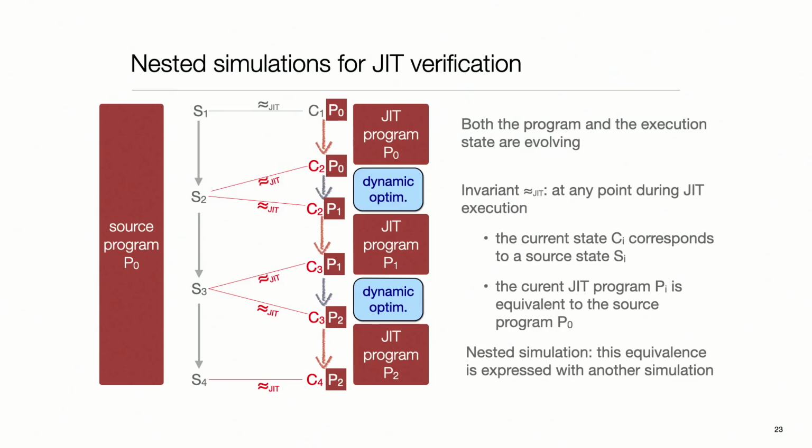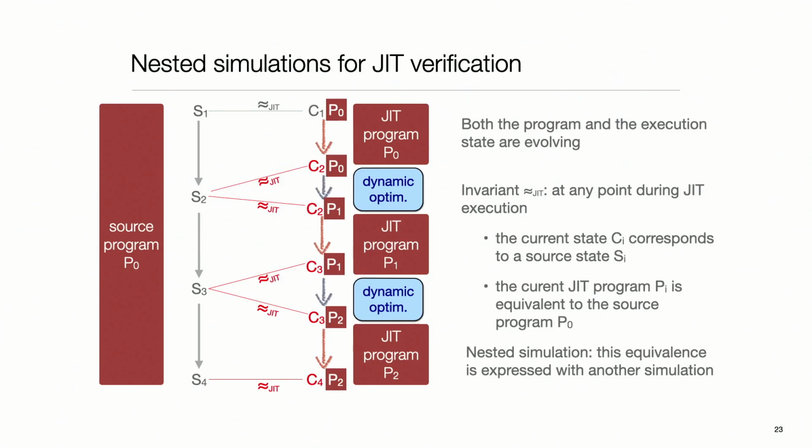In this simulation, there is an invariant for the JIT that can be explained as follows. At any point during the JIT execution, the current state CI corresponds to a source state, like we had before. But moreover, the current JIT program, PI, is equivalent to the source program, P0. So we could use a simulation to express this, and this simulation uses an invariant.